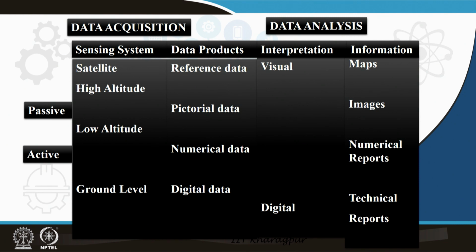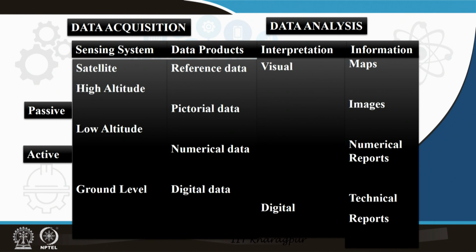Once you have acquired these kinds of data products, okay, the next step is to interpret. What I am trying to tell you is how remote sensing progresses, how you capture the data and how it actually forms information for the user. Okay. So, the next thing is interpretation. Once you have captured this data, you have to interpret it either by visual interpretation or by digital interpretation.